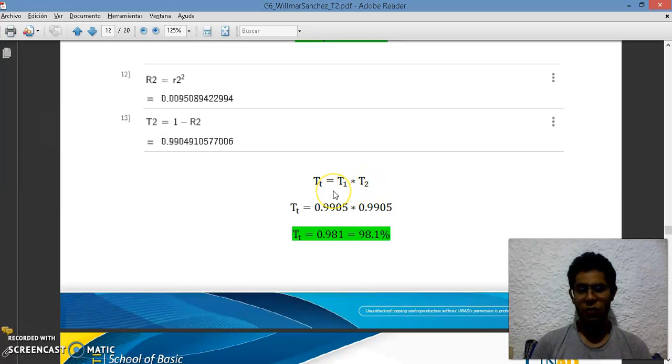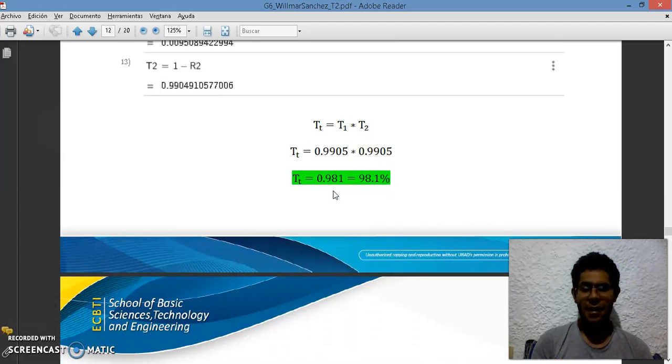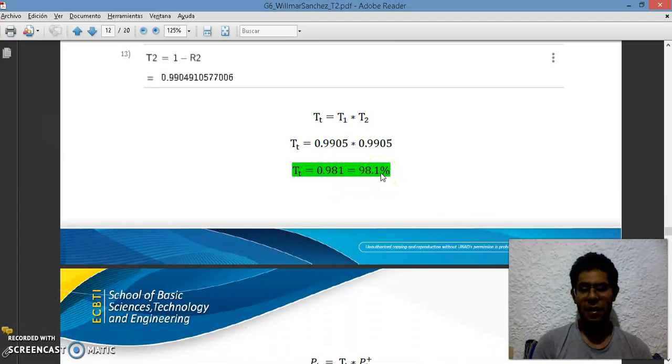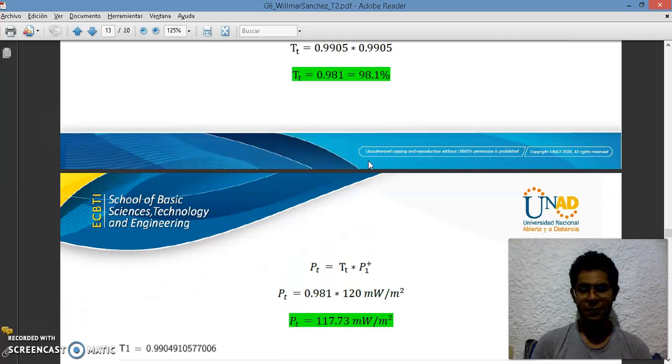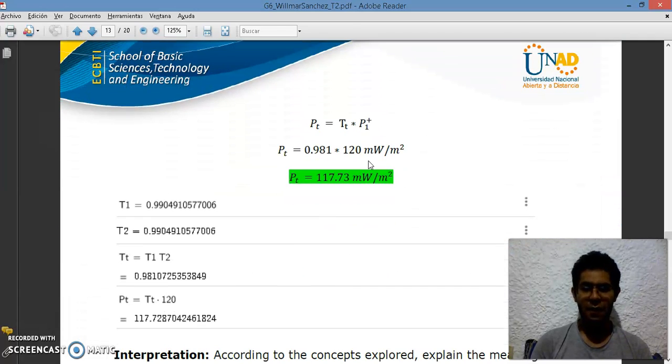Multiply these two transmission coefficients and find that the total energy received by the receiver is equal to 98.1% of the initial power. And the equivalent value of this power is 118.73.